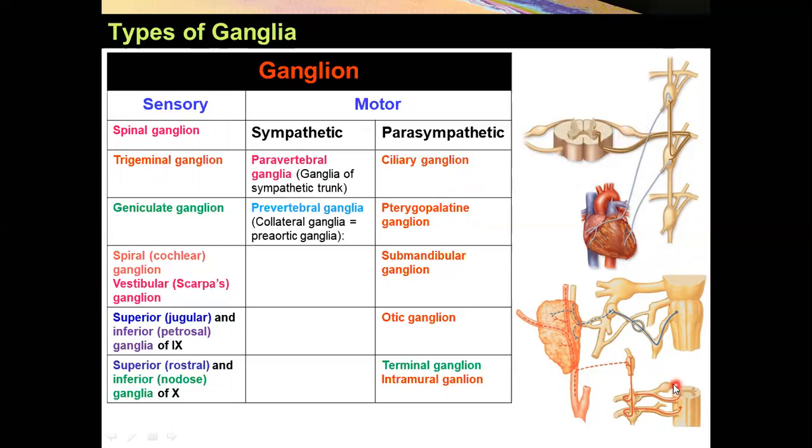Here is the spinal ganglion. Now, spinal ganglia are present throughout the spinal cord, and sensory nerve fibers inside the spinal nerves have their cell bodies located in this ganglion.